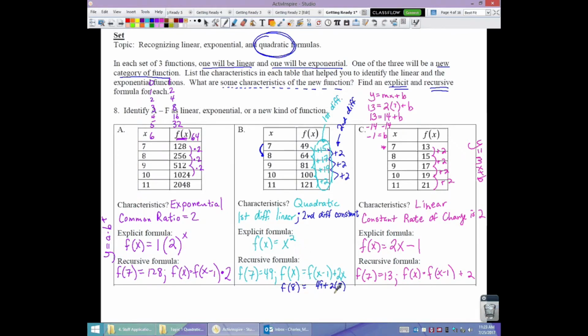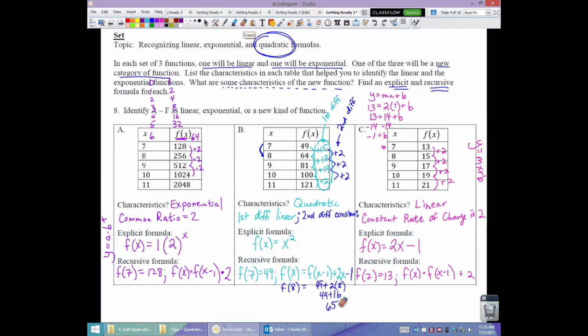Well, 49 plus 16 doesn't get me to 64. 49 plus 16 brings me to 65. That's too big by 1. So this 2x needs a minus 1 to trail it.